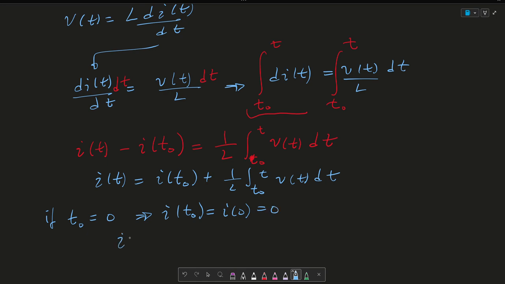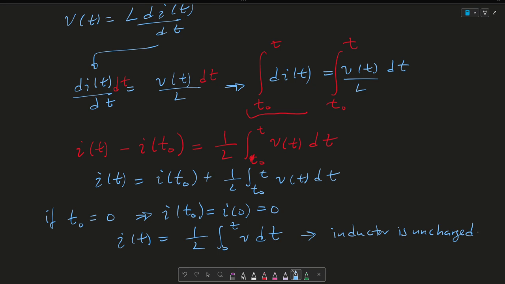Then we have this equation: i(t) equals 1 over L times the integral from 0 to t of v dt, right? And this is a case where the inductor is uncharged.